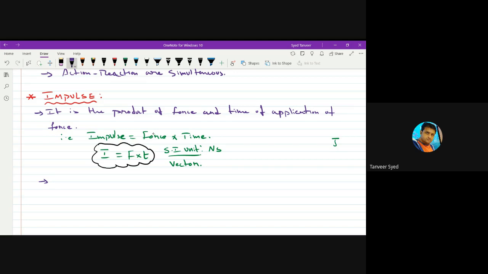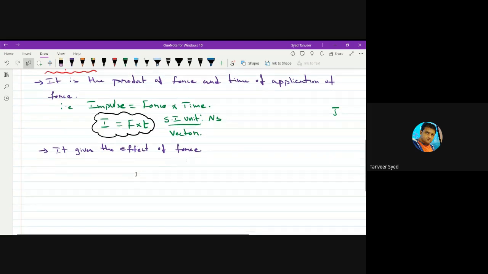Impulse tells us about the effect of force. What do you mean by this? The same force acting on the same body, but for different times, produces different effects. For example, let us say there is a wall, and in this wall I want to drive a sharp nail.